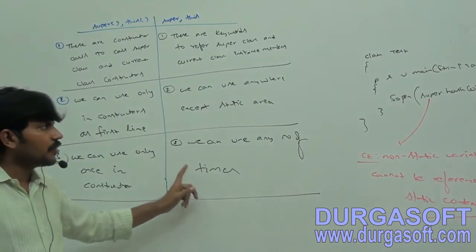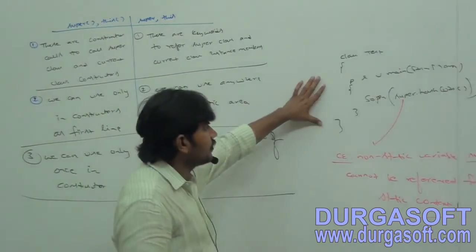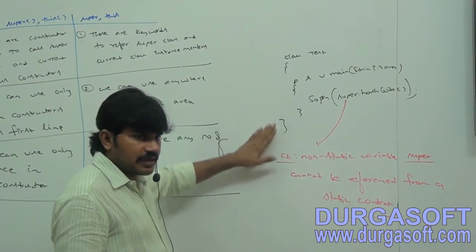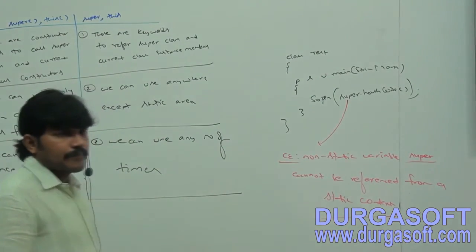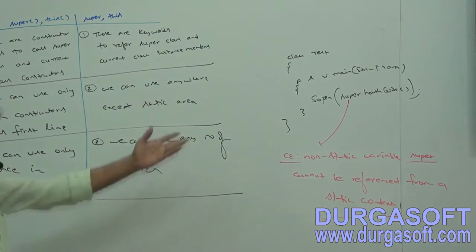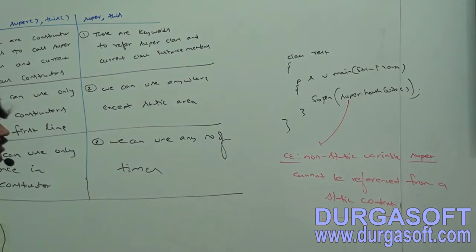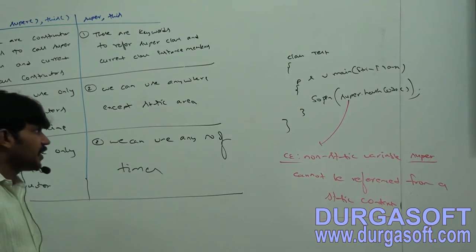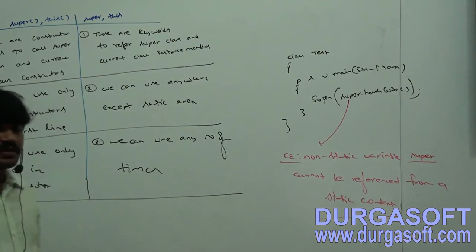Completed, I hope. Now take this example. Class test, public static void main, String array args, System.out.println of super.hashCode. It is better to take an example: we can't use the super keyword inside the static area.